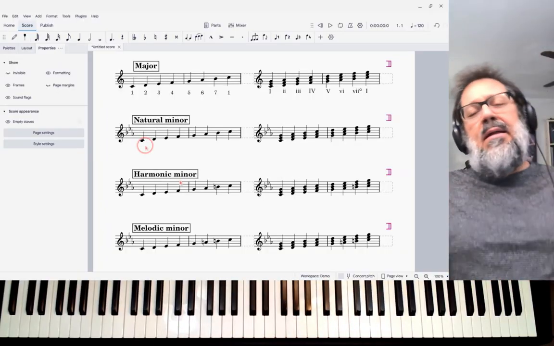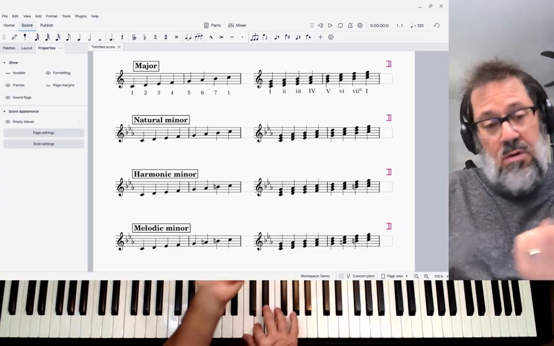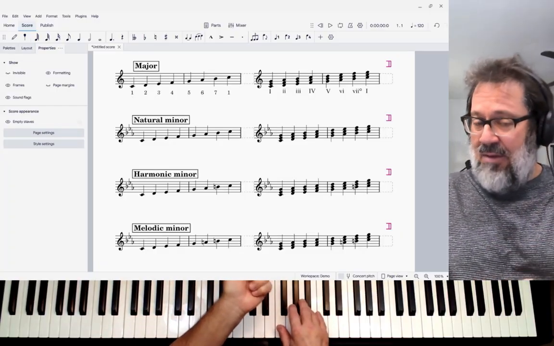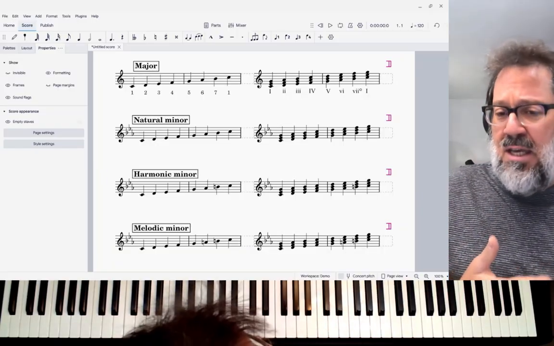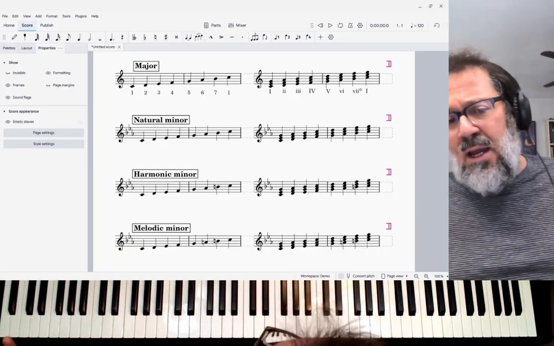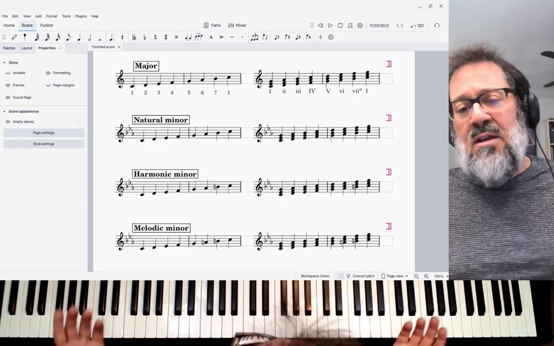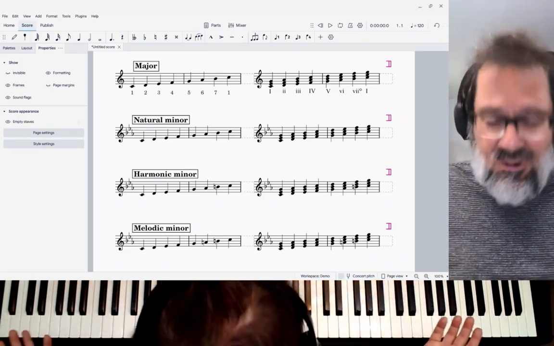The traditional way of doing it is just to say 1, 2, 3, 4, 5, 6, 7, and then back to 1. In other words, we say, well, it's a minor key, so we know scale degree 3 is a flat 3. We know the sixth scale degree is flatted compared to the major key.